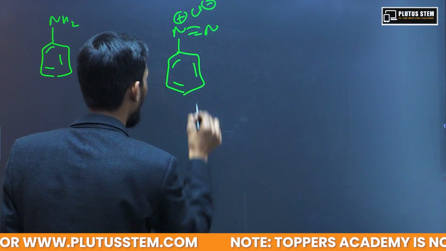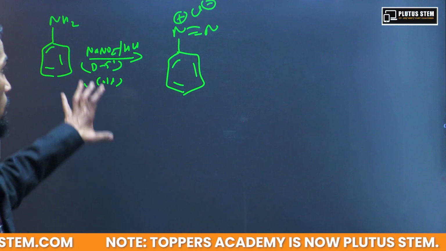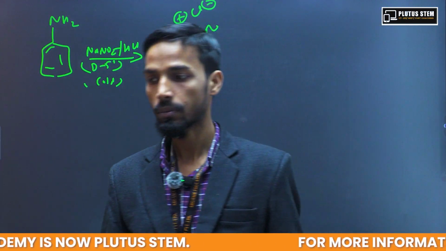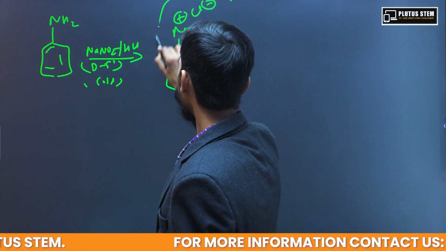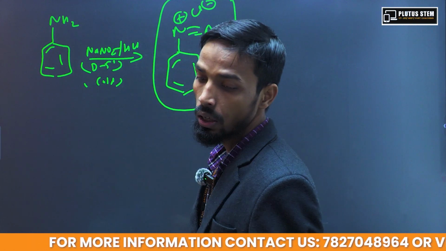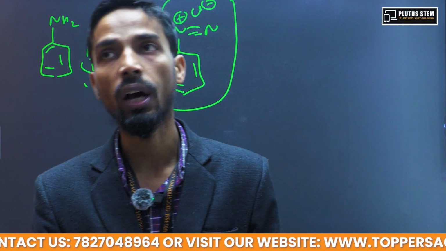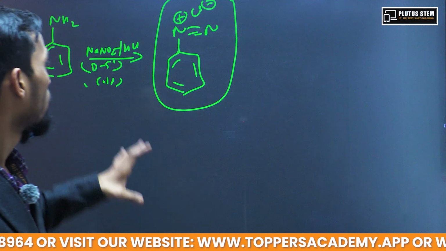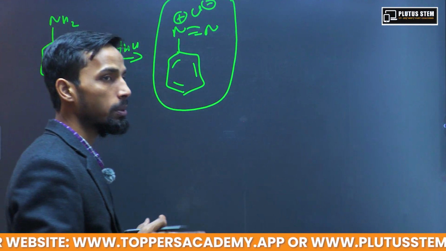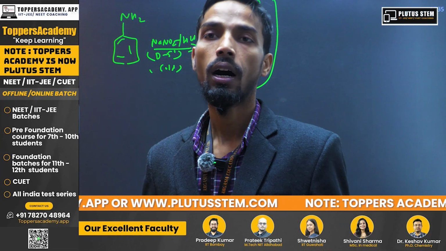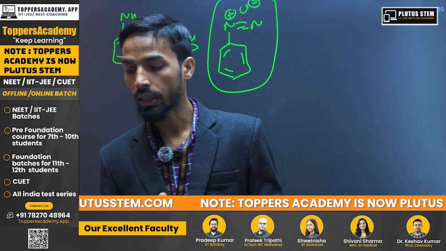This is a diazonium salt, and this is a very interesting and important reagent that is being used in various reactions, in which an enormous number of organic compounds are produced with the help of this diazonium salt.